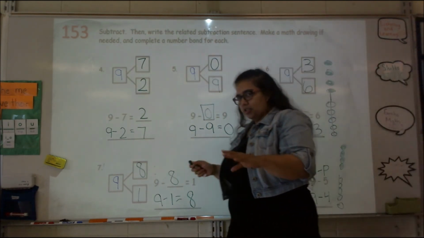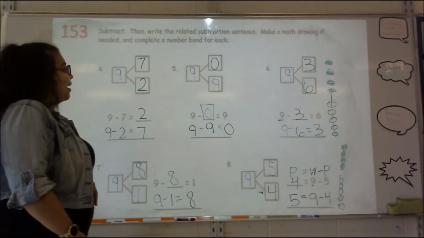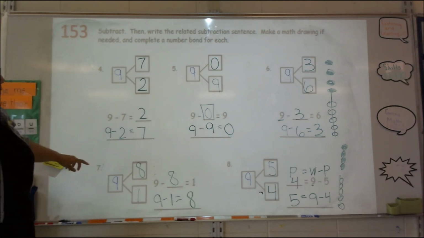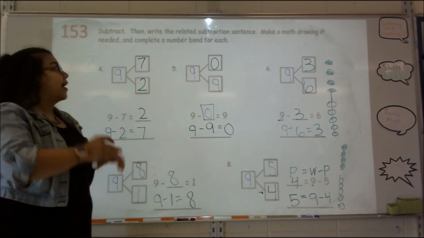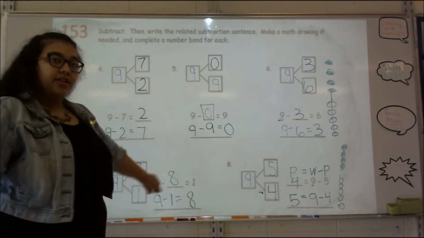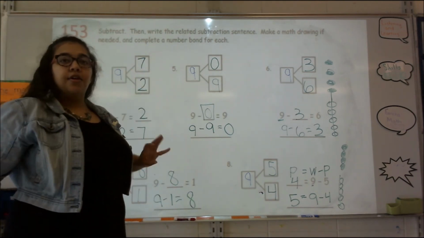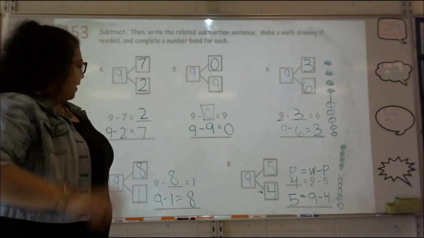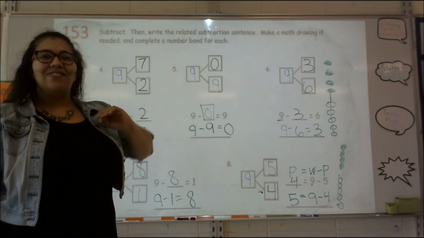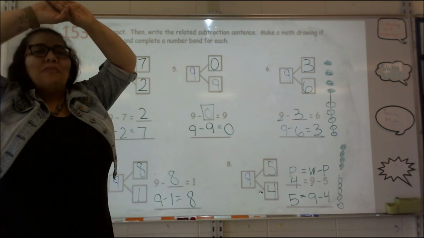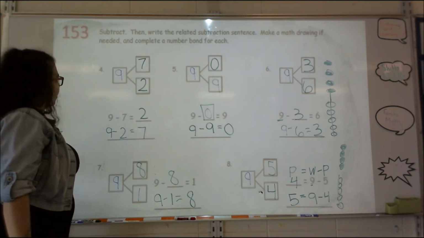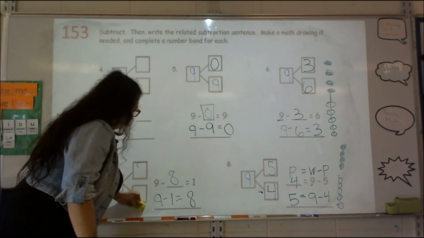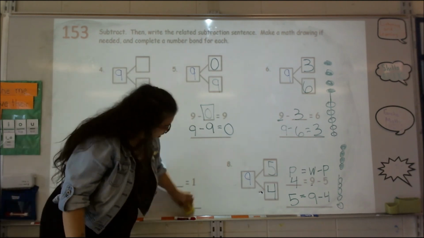Excellent job working on ways to make 9. So we see the number bonds that can break 9 are 7 and 2 makes 9, 0 and 9 makes 9, 3 and 6 makes 9, 8 and 1 makes 9, 5 and 4 makes 9. Yes, those are the number bonds that produce 9 as a whole.